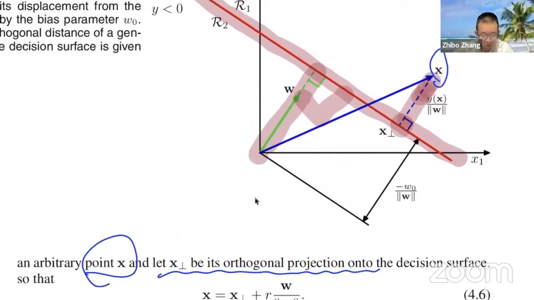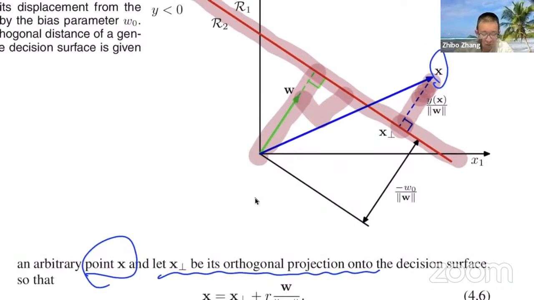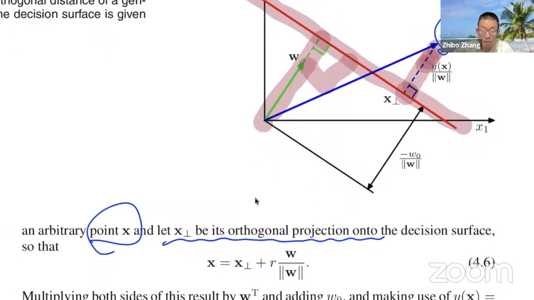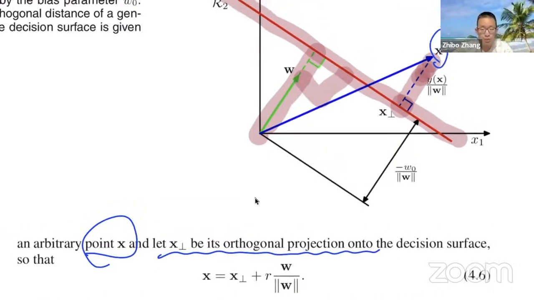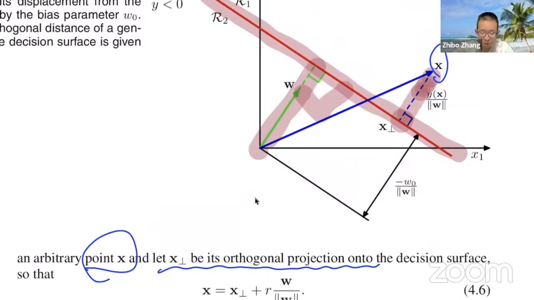So the difference between these two points, x orthogonal and x, where x orthogonal is the orthogonal projection of x on the decision surface, is actually this part.